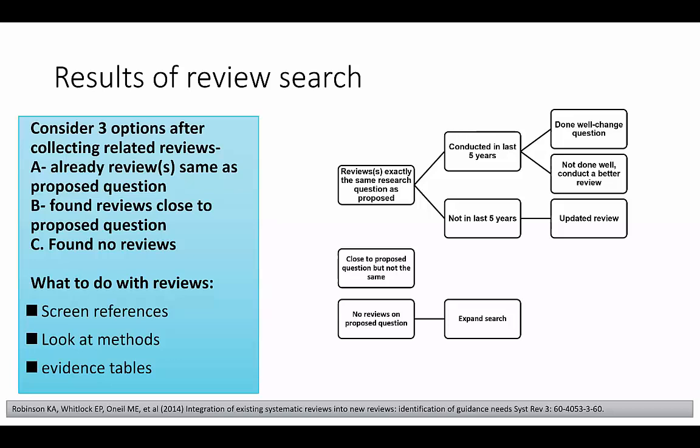If you found something that's already the same question, it's already been answered in a review, and it was conducted in the last 5 years, that's when you might have to change the question a little bit, modify something. Or maybe you look at it and say, well, they didn't search all the places they could have. So there's probably something you can do to continue with that question. It's just something you need to consider.